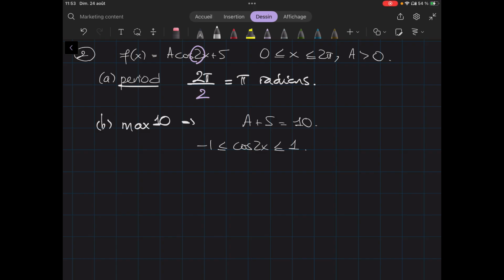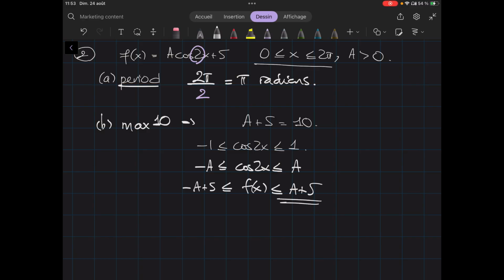Because we have one full cycle, multiplying everything by a and adding 5, the maximum value will be a plus 5. So if a plus 5 is equal to 10, a is equal to 5.